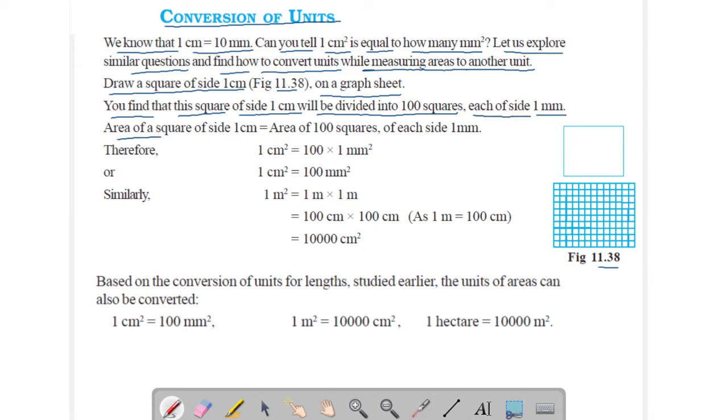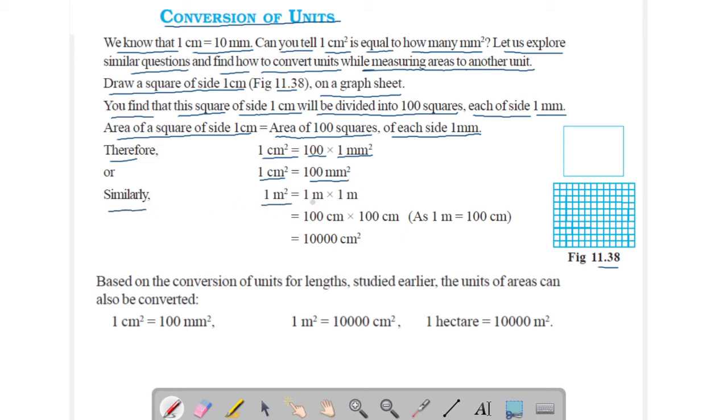Now area of a square of side 1 centimeter is equal to area of 100 squares of each side 1 millimeter. Therefore 1 centimeter square equals 100 into 1 millimeter square, or 1 centimeter square equals 100 millimeter square.